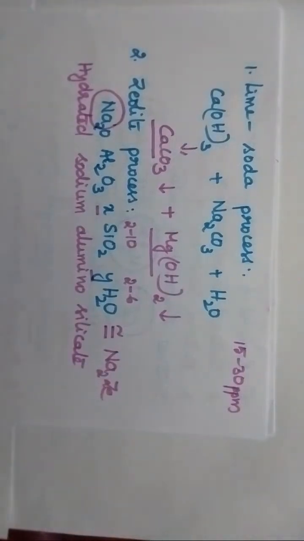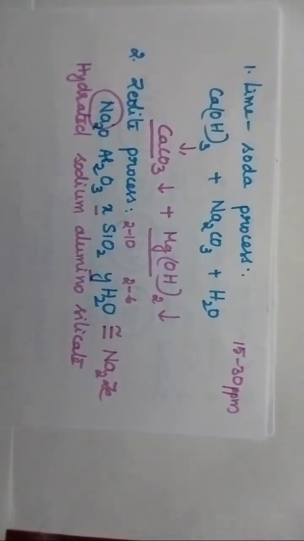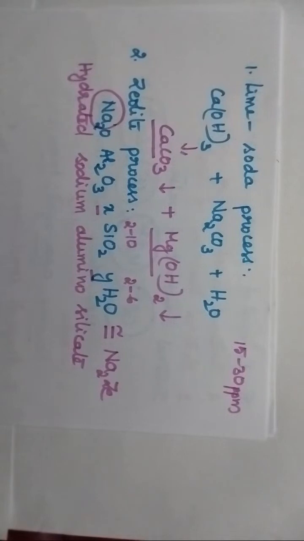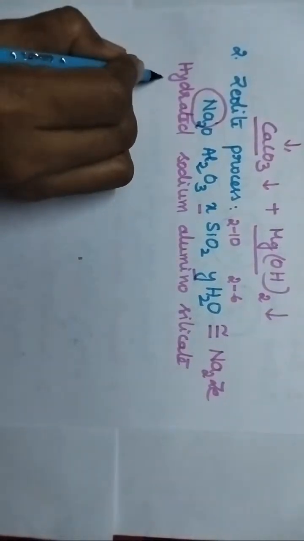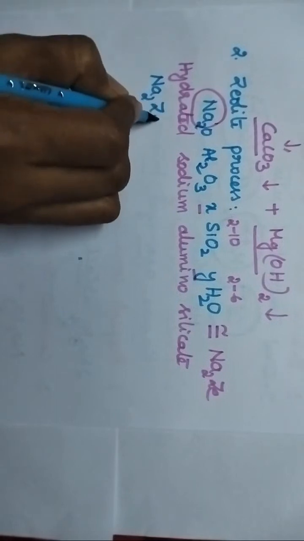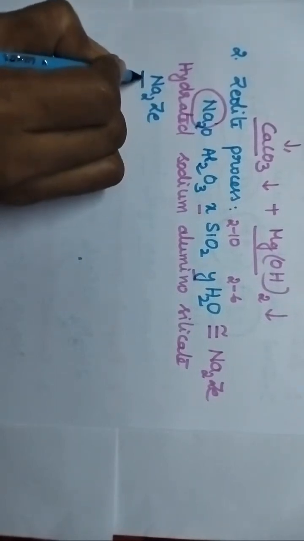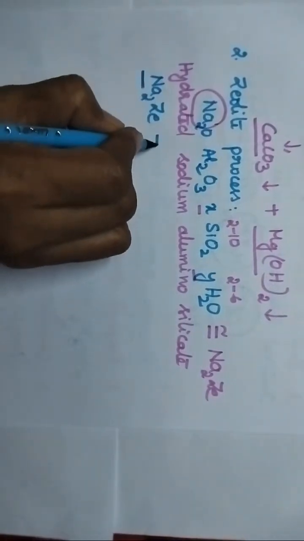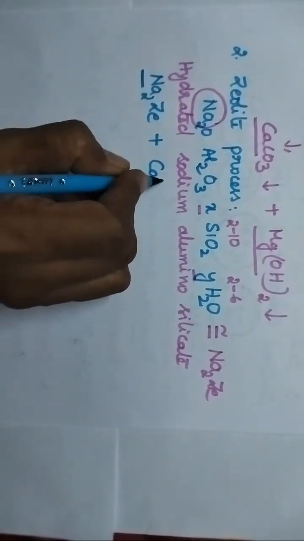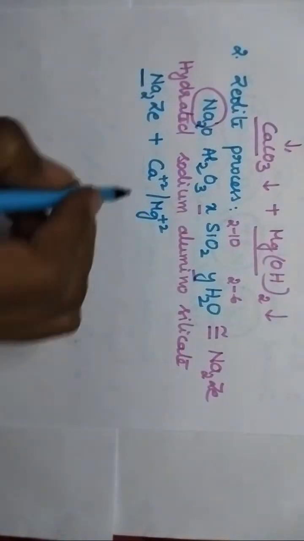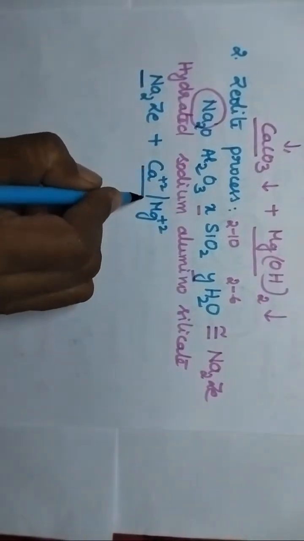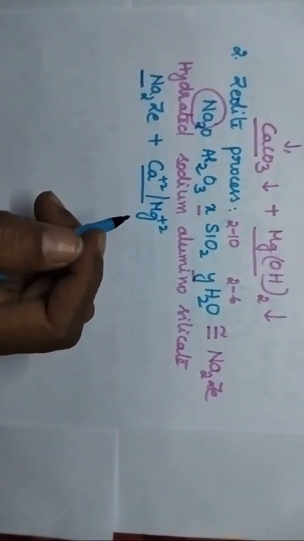How can it be represented? It can be represented as sodium zeolite. So whenever water is passed through the sodium zeolite bed, it is capable of exchanging its sodium ions with the cations responsible for the hardness. That means calcium or magnesium ions are the cations responsible for the hardness.